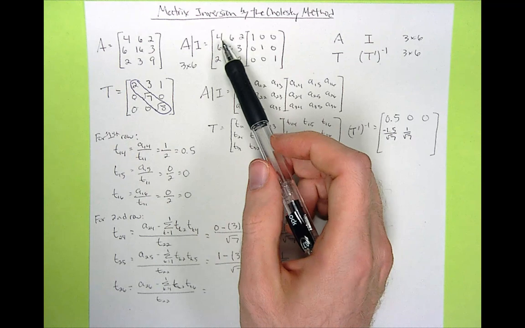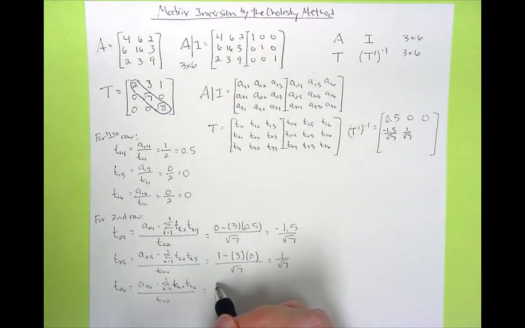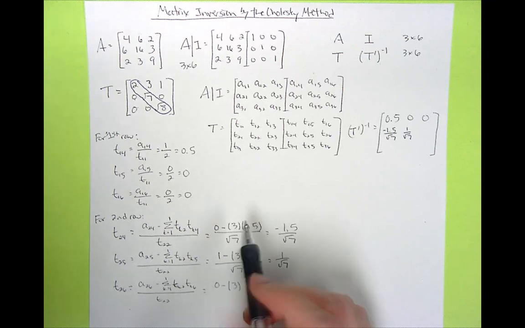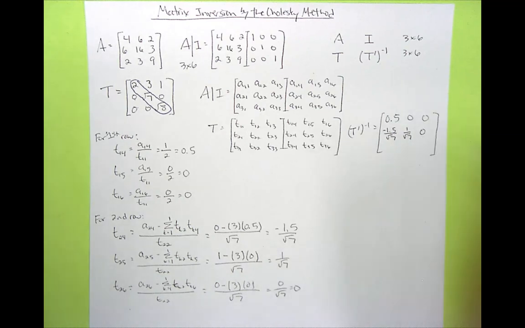We go up here, second row, sixth value, which is 0, minus t12, which is the same as above, and then t16, which is also 0, over square root of 7. 0 over square root of 7 just equals 0, and we can put that there. So we have the first and second rows.